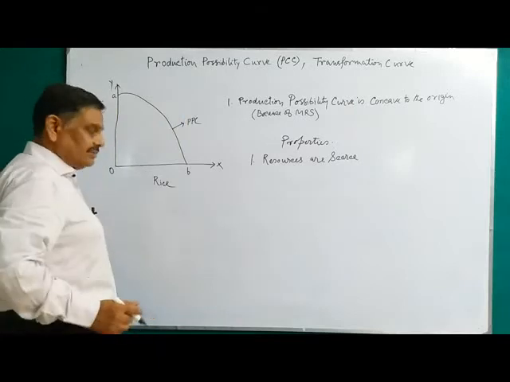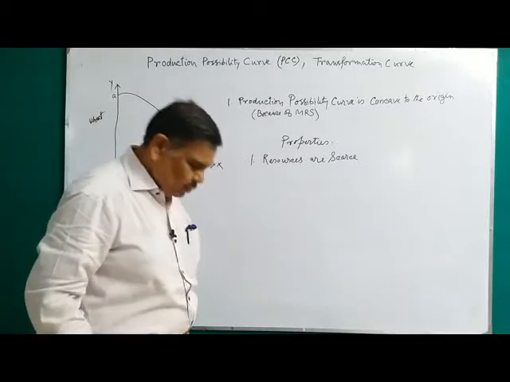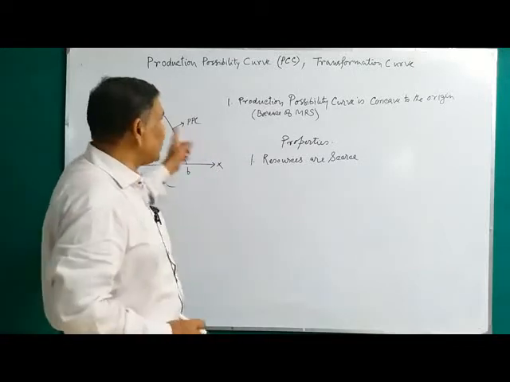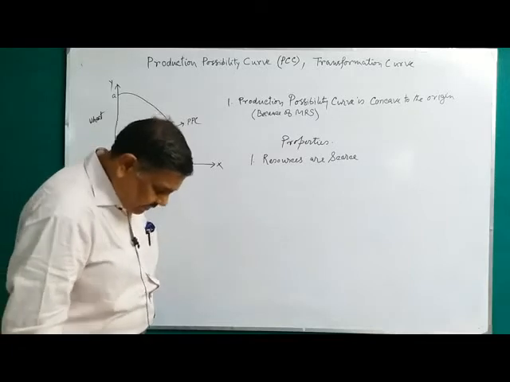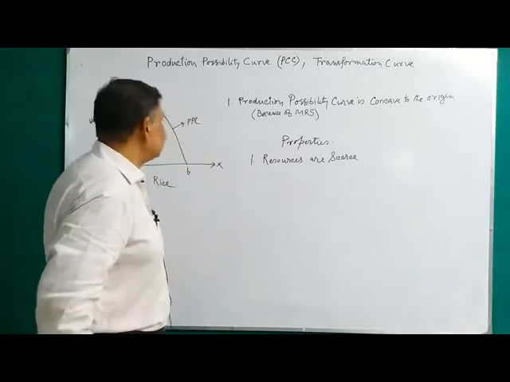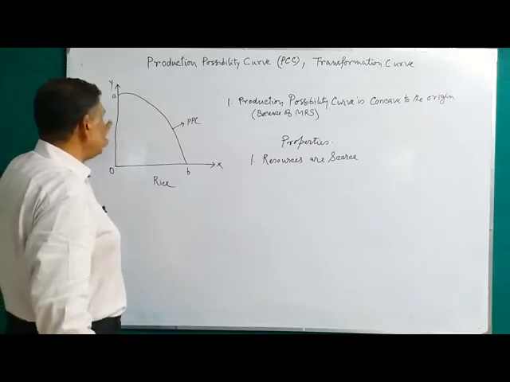Suppose your income is 100 rupees. You have to purchase both rice and wheat, so you have to divide the income for spending on wheat and rice.